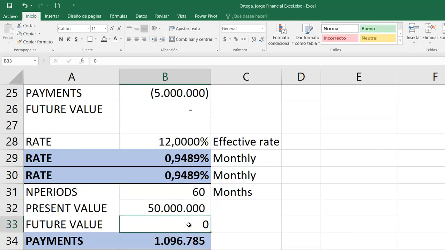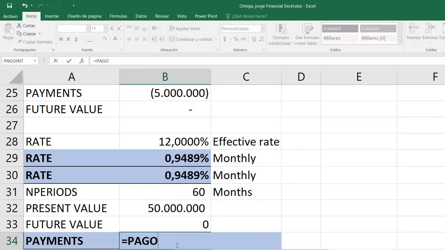Future value will be 0 because whenever we pay the payments every month and we pay the 60 payments down, just after we pay the last one, we already pay all the balance, all the 50 million. So the formula is PMT, and then you select the rate, the monthly rate, the number of periods, then the present value is the loan you get.